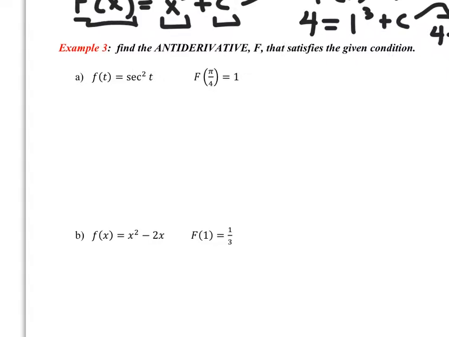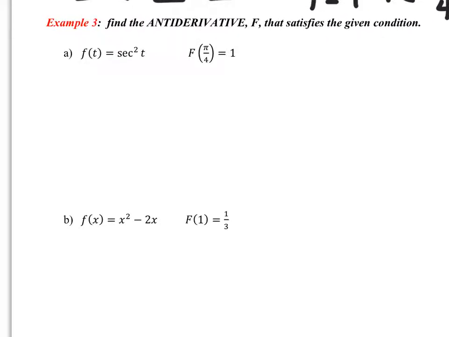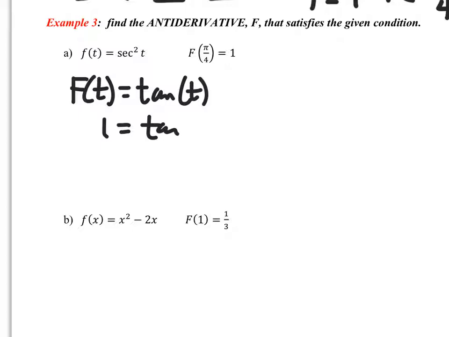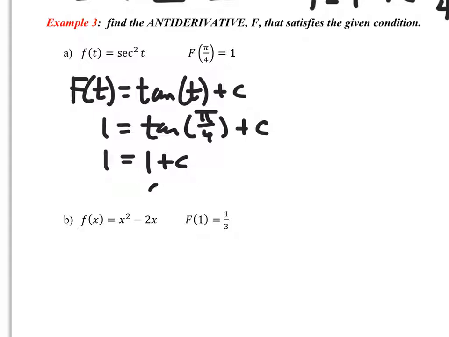So find the antiderivative of f that satisfies the given condition. Okay, so we know that big F of t will be tangent of t plus c. So if f of pi over 4 equals 1, well, the tangent of pi over 4 is 1, so 1 equals 1 plus c, therefore c equals 0.